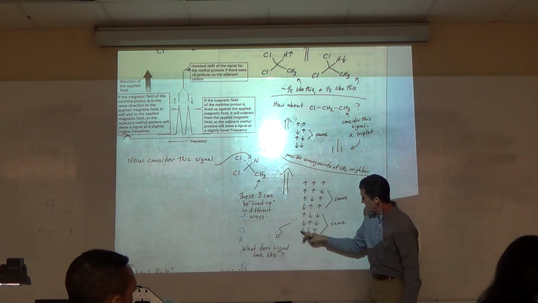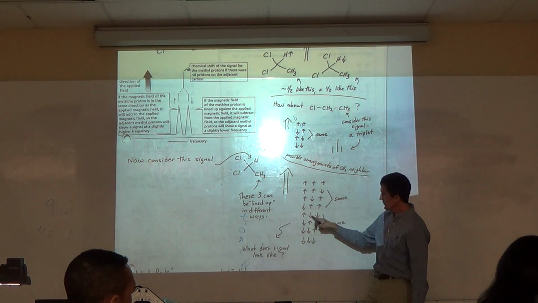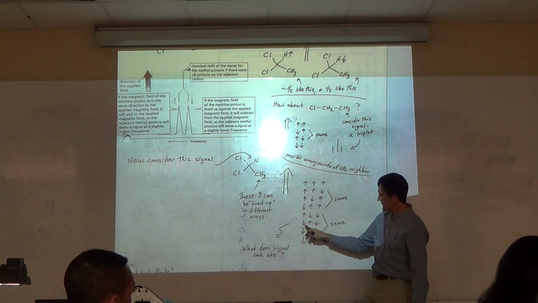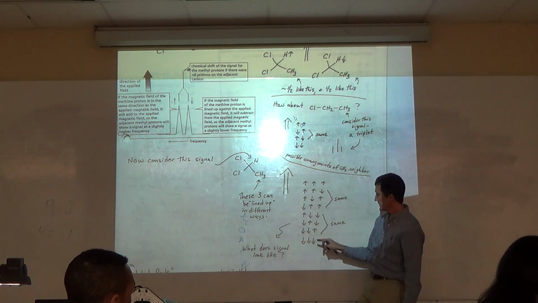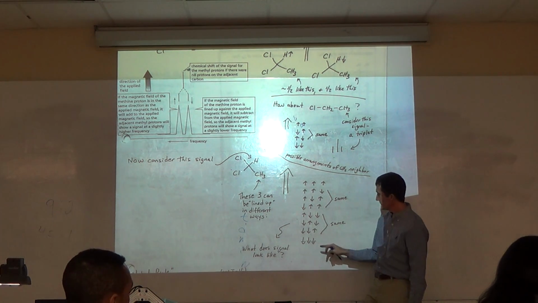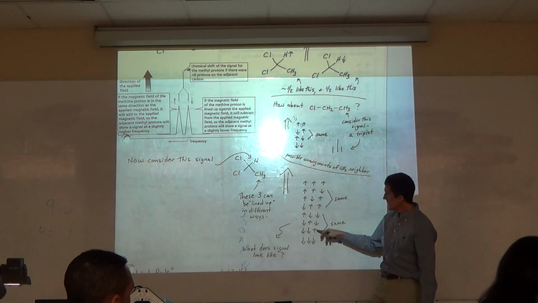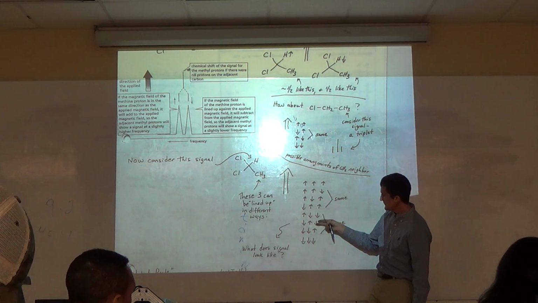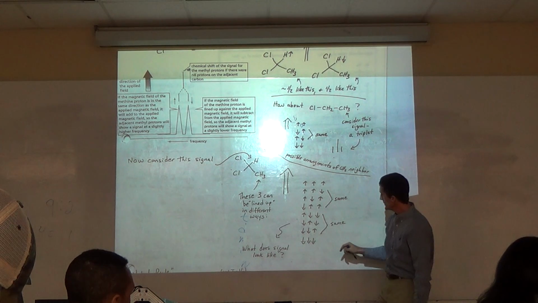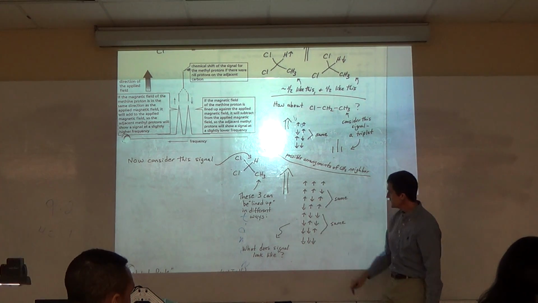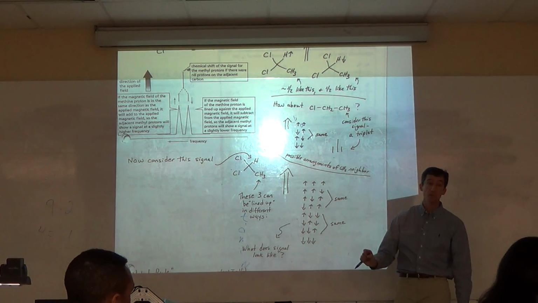Then you can have a scenario where one is in line but two oppose. Or maybe that one's in line and these two oppose. Or this one's in line and those two oppose. Those are all the same. But it is 3 times as likely to have this scenario. How many different scenarios are here? 4 scenarios, so you get 4 signals.